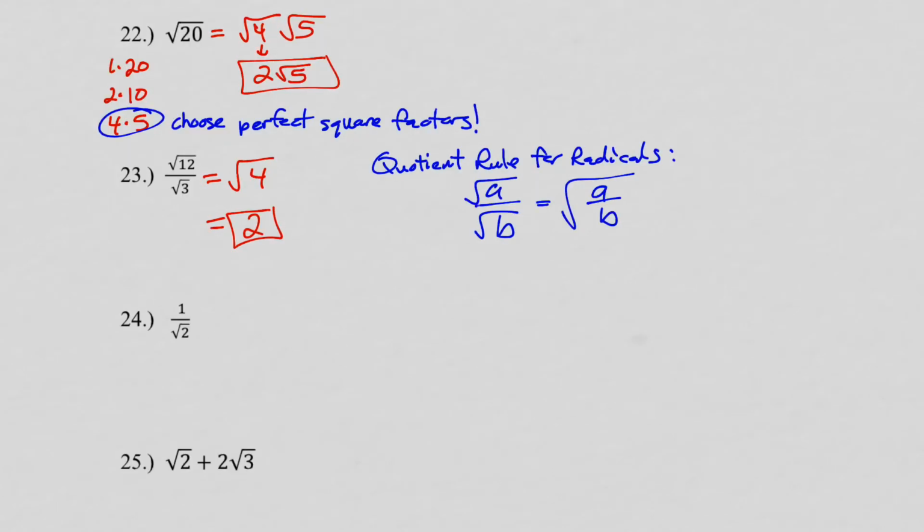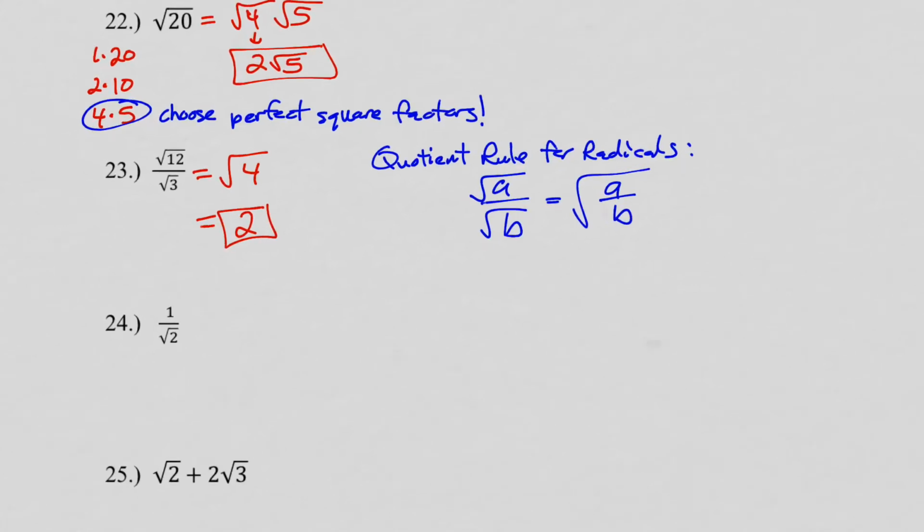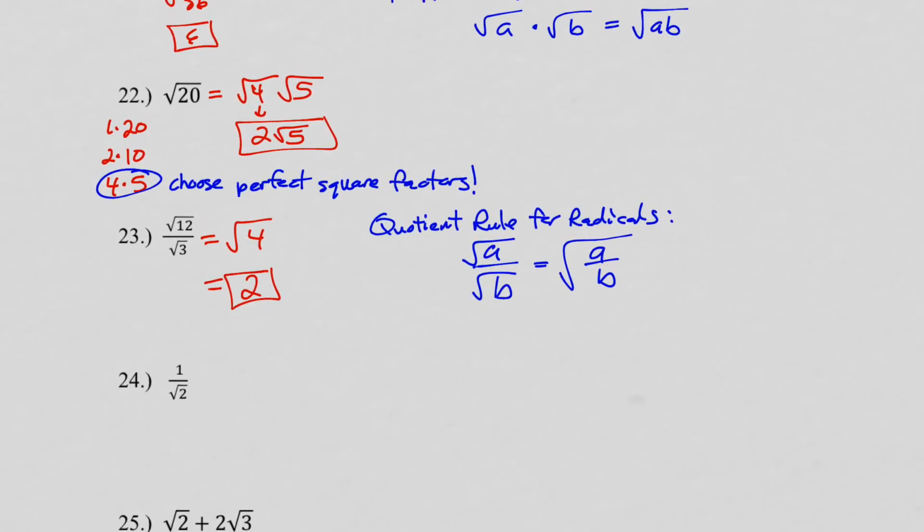Okay, so for number 22 and 23, we have some more review concepts. For number 22, we can do that product rule in reverse. We have 20, we can separate it out into two different factors with two different radicals. And you don't want to just choose any random pairs of factors that multiply to 20.